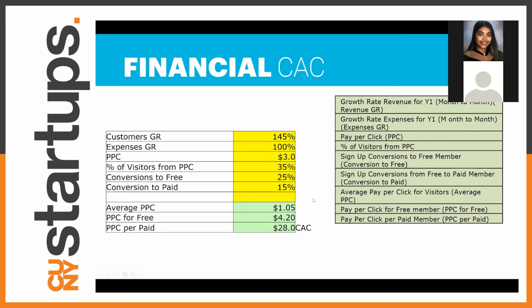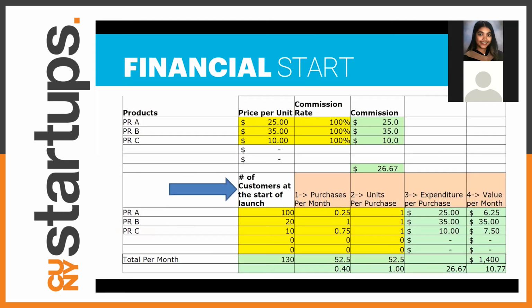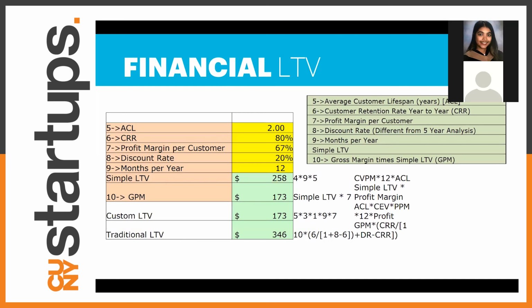Okay, so this is the input sheet that you have there as you move forward. There are 3 sections. The very top section is where you put in your price and number of customers, how much they're purchasing per month, and how many units they're purchasing per month. And then the next piece is, what's the average customer lifespan? What's your retention rate?